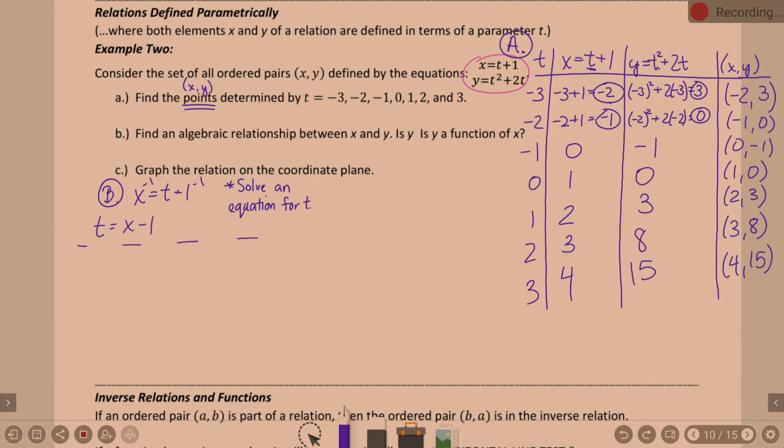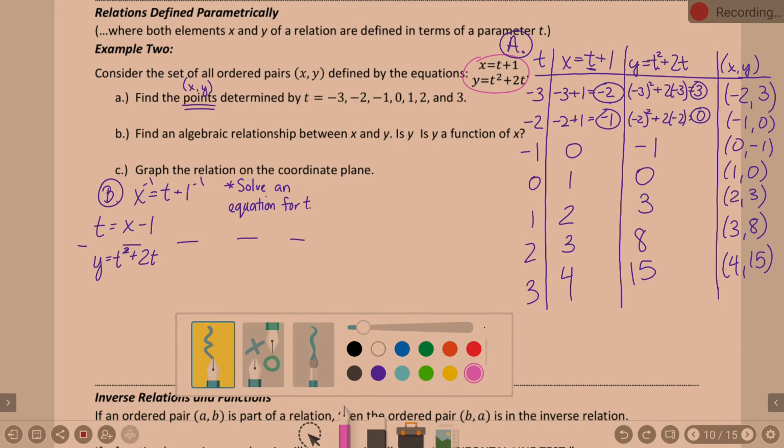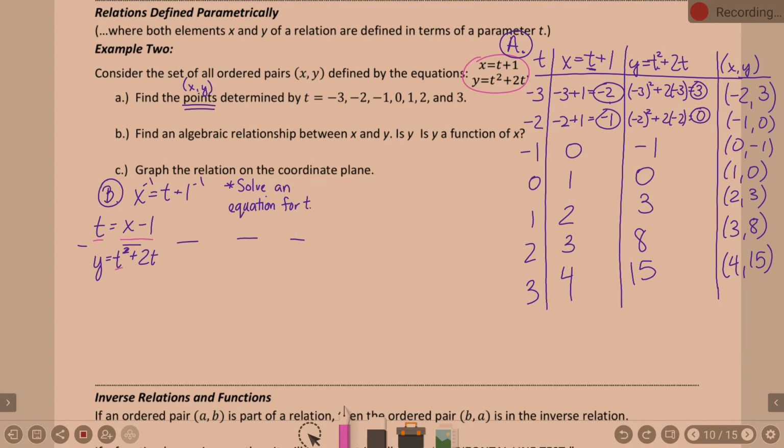Now, I said it was kind of like a substitution thing, right? You have one equation solved for t. Take that equation you have solved for t, and what are you thinking? Plug it into your other equation. So my other equation is y equals t squared plus 2t, right? Okay, guys. Every place I see a t, I'm replacing with x minus 1.